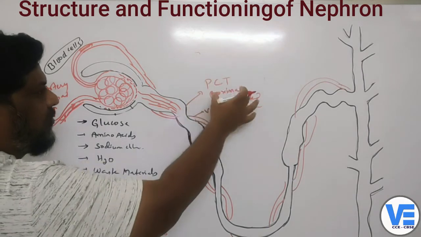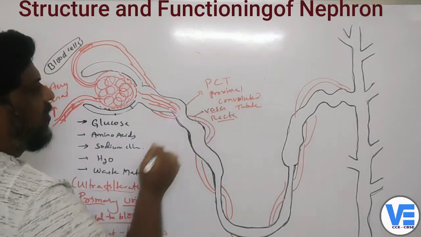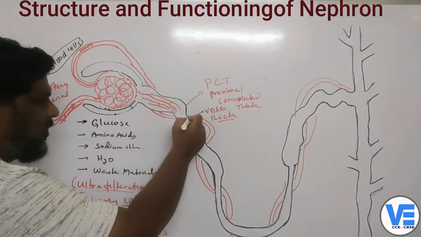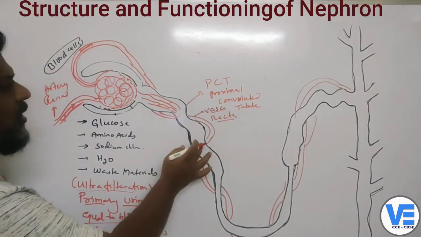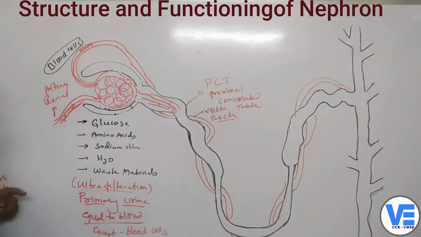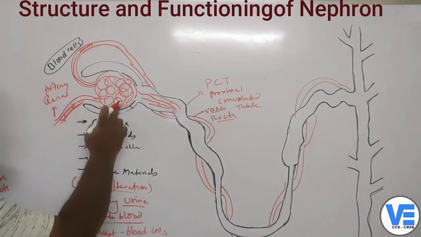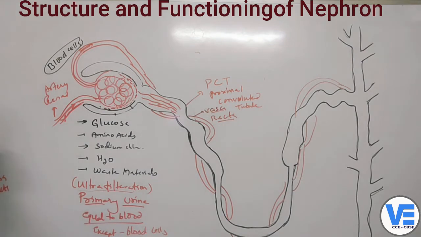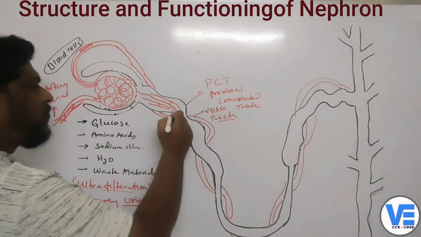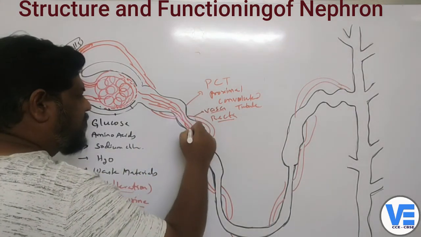You can see the proximal convoluted tubule, right? Now this is all a coiled structure, so we call it the proximal convoluted tubule. So the blood directly now comes into the proximal convoluted tubule. Okay, children? Now, this blood is absolutely thick.